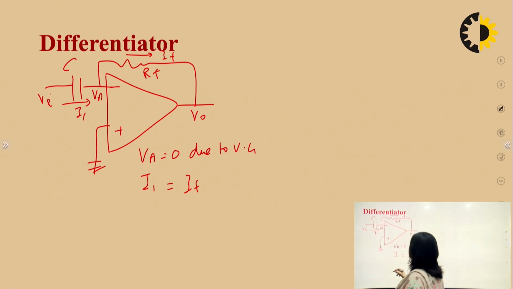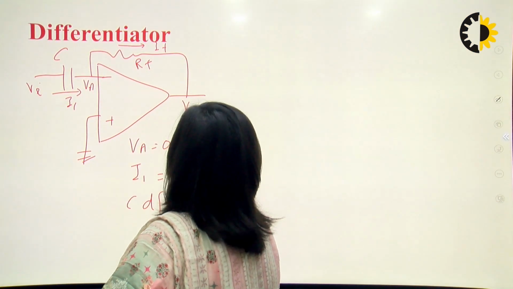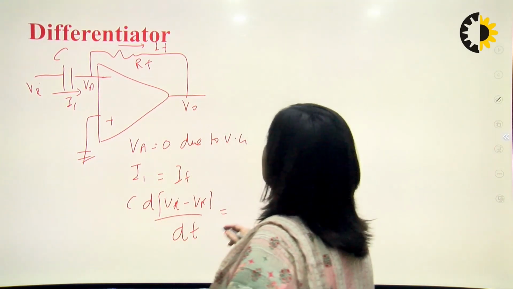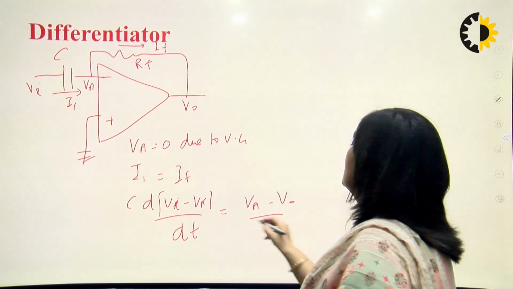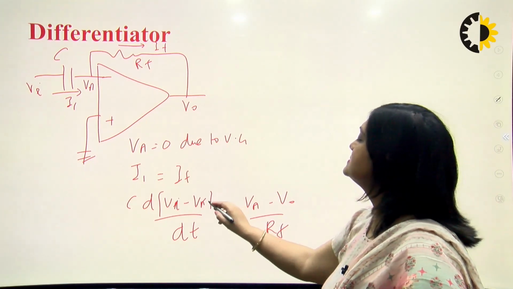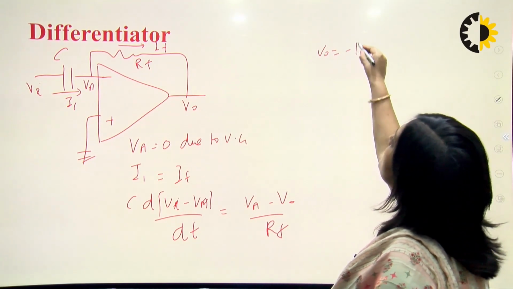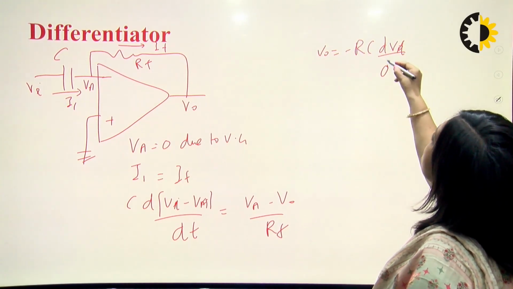Here we can find the value of I1 as C dVi minus VA upon dt. And here IF is VA minus V0 upon RF. Here the value of VA is 0. So we can write V0 is equal to minus RC dVi upon dt.